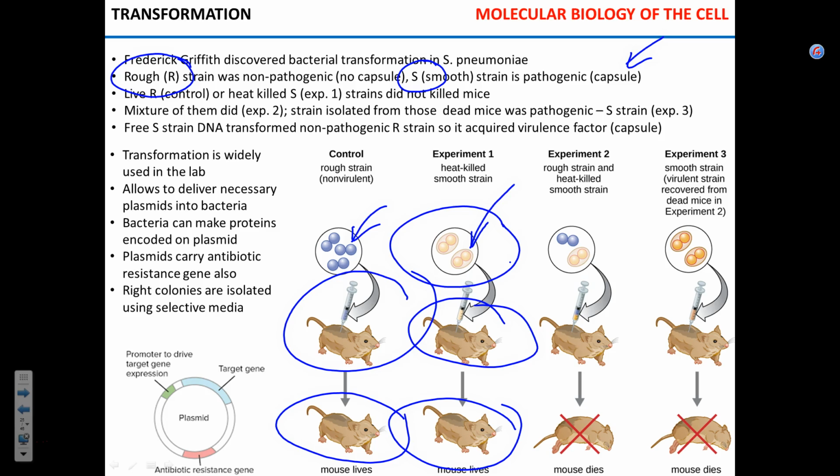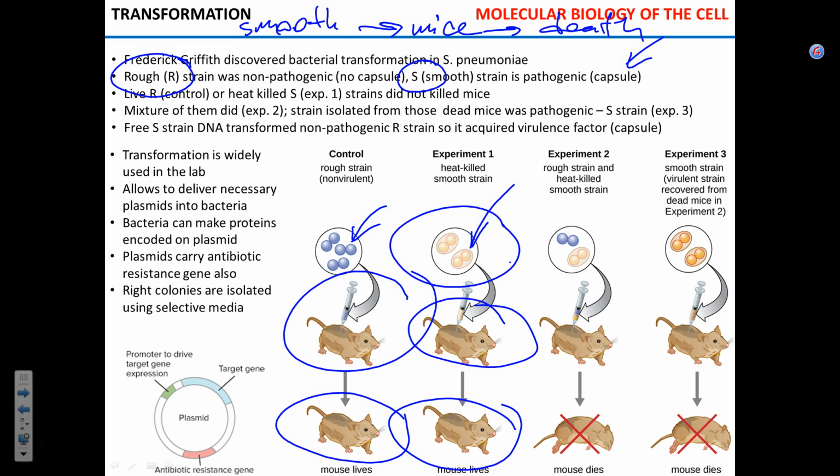By the way, before those experiments, he demonstrated that if you take just a smooth strain, the pathogenic one, and stick it into the mice, mice die. Does that make sense? So one thing is missing. So we can put smooth, mice death. Okay? So when you inactivate the pathogenic strain, mice survive.